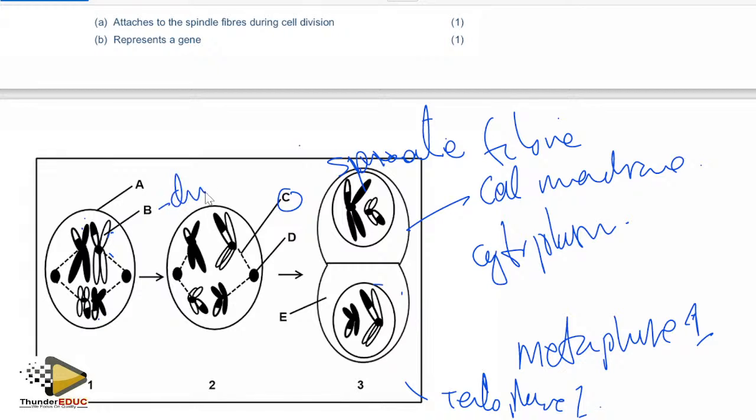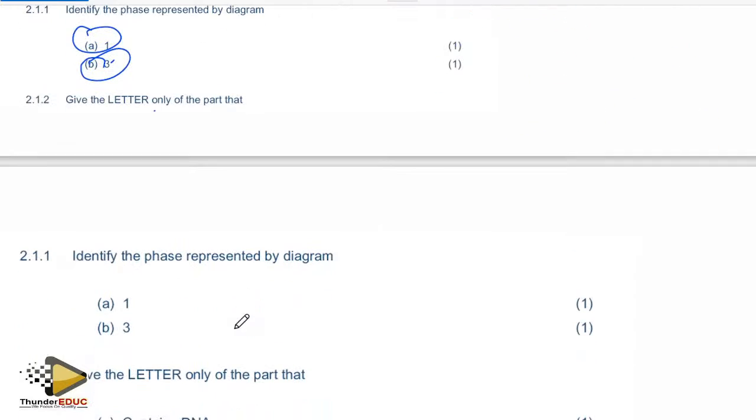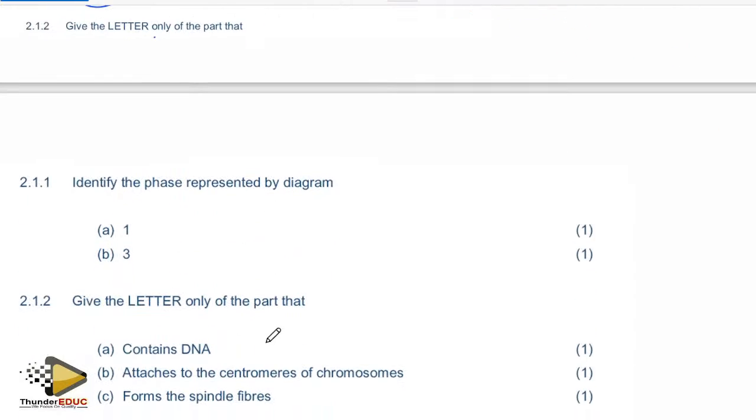Because the whole thing is a chromosome, but only one strand becomes the chromatid. It is a part of the chromosome and has the genetic material there.